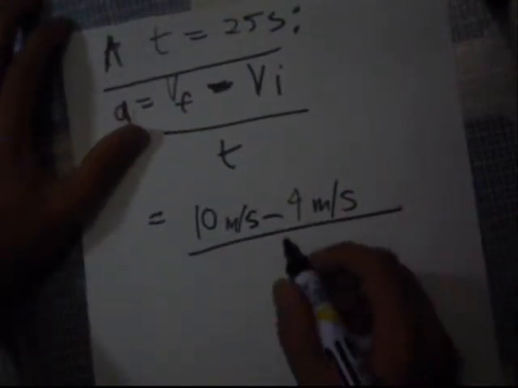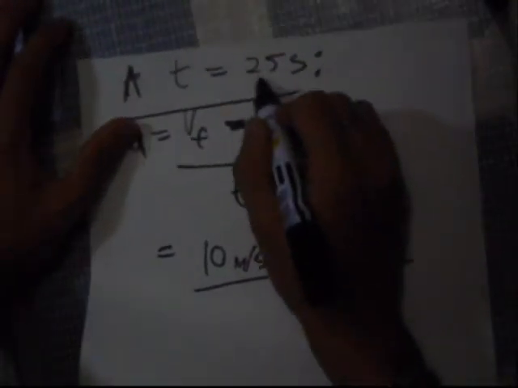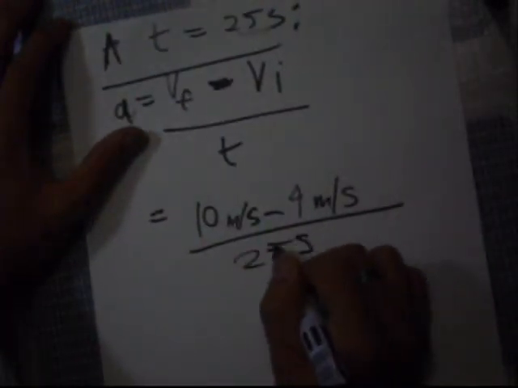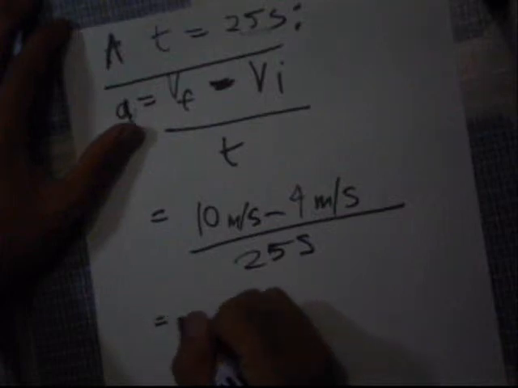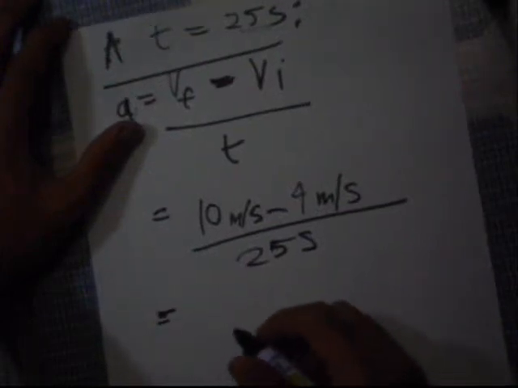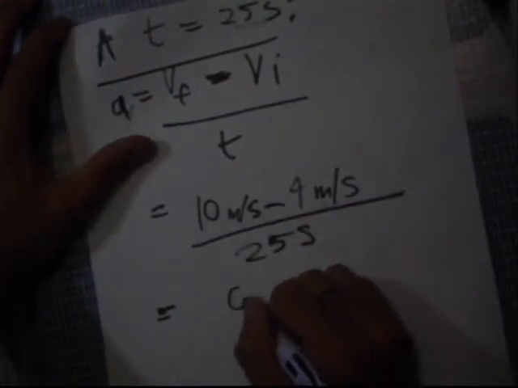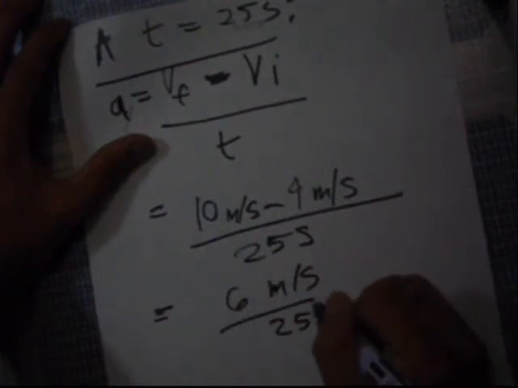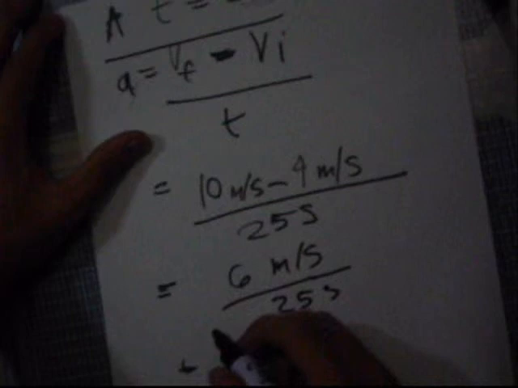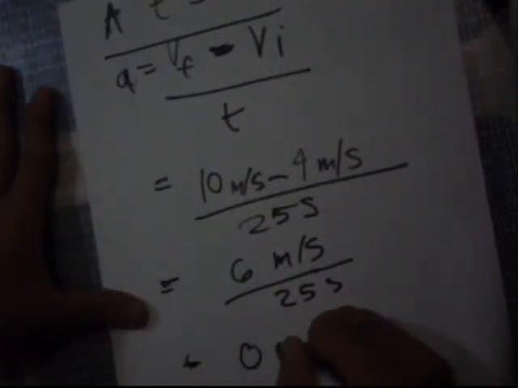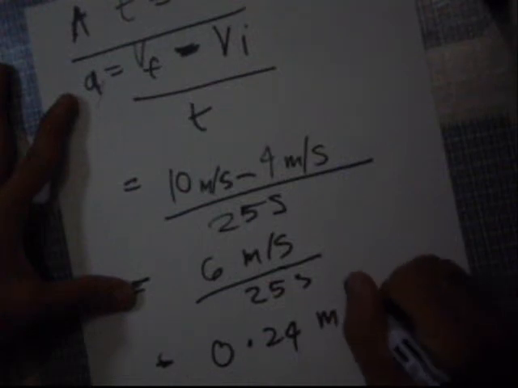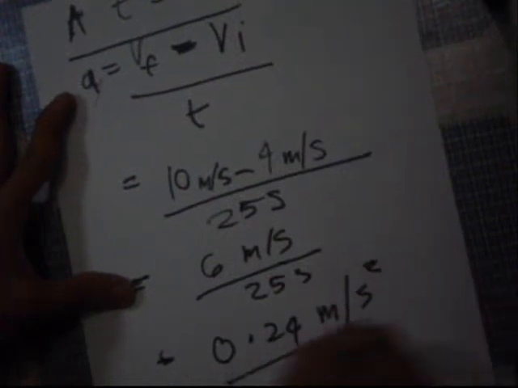And the time was 25 seconds. Okay, so 10 minus 4 is 6. 20 divided by 25 results to 0.24 meters per square second.